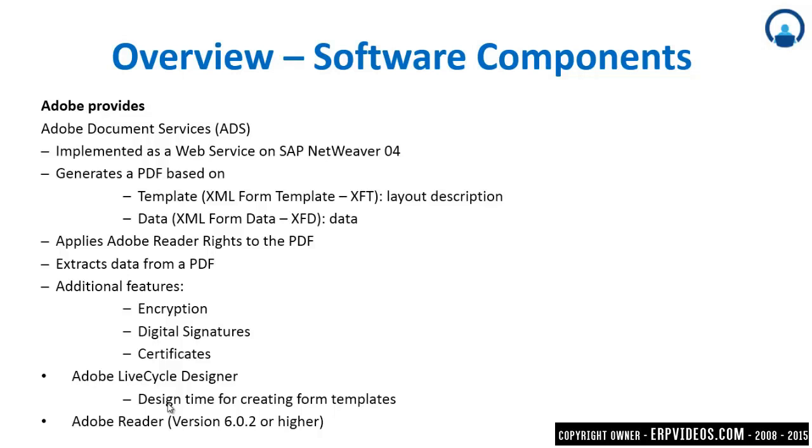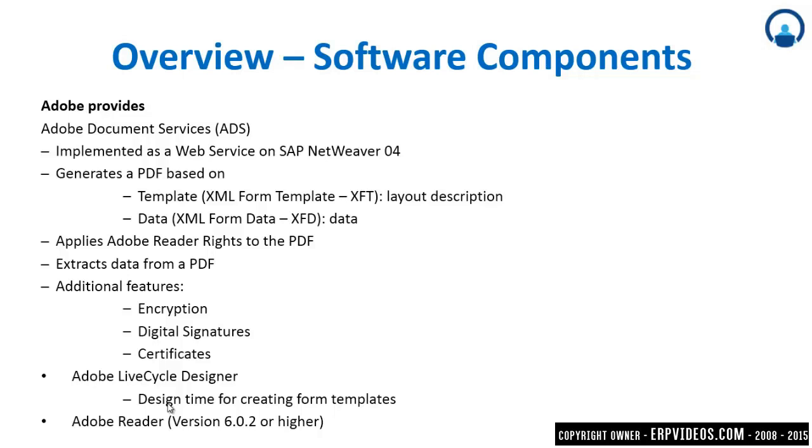Then we have an Adobe Reader, which writes to the PDF where the data will be provided at the runtime. Then it extracts data from a PDF and has additional features like encryption, digital signatures and certificates. So these are some of the features provided by the ADS, that is Adobe Document Services.